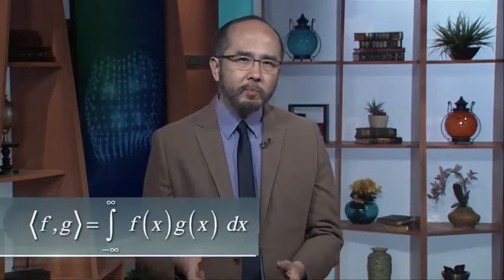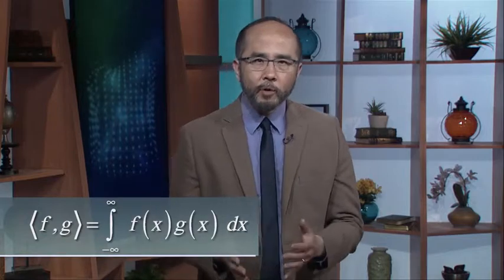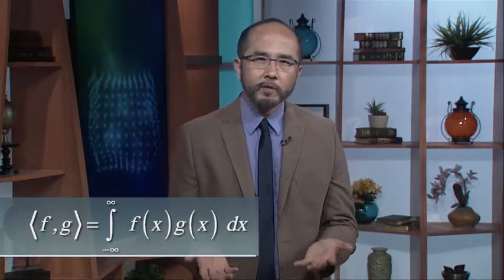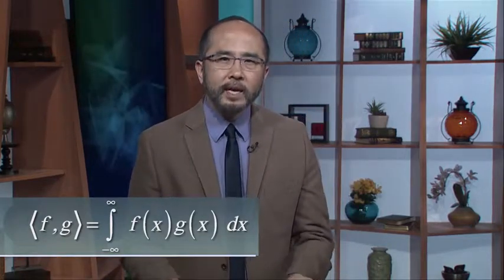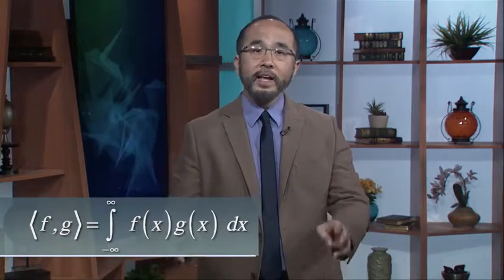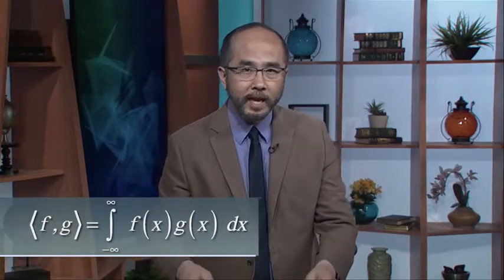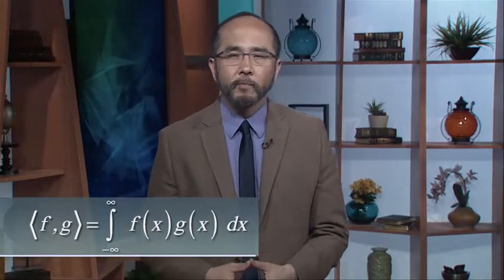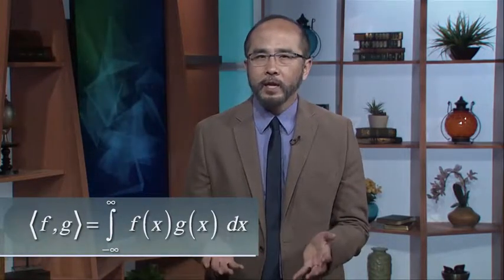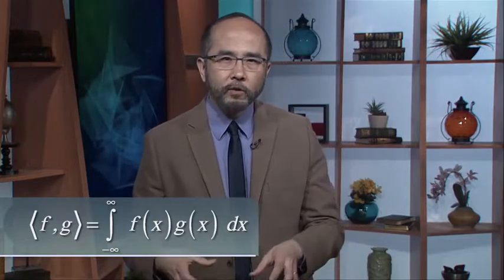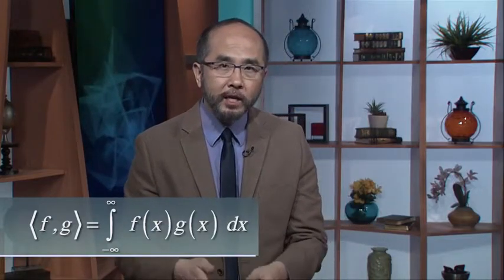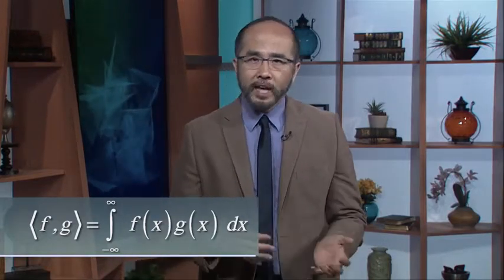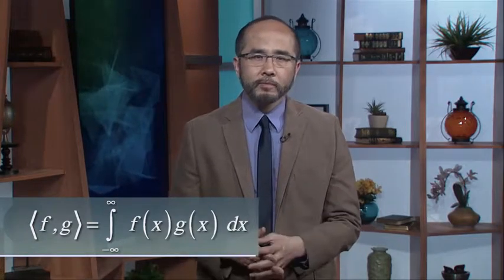And since x can be any real number, a sum over indices of a pairwise product of components in the dot product is analogous to integrals over the argument x of the product of f of x and g of x. So the inner product of f and g is the integral of the product fg over x from negative infinity to infinity.